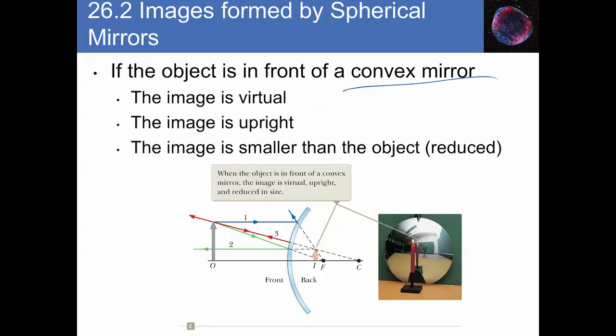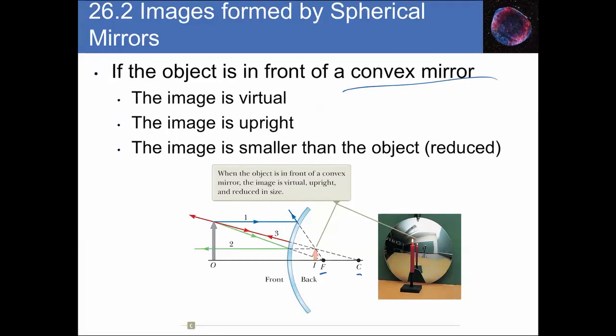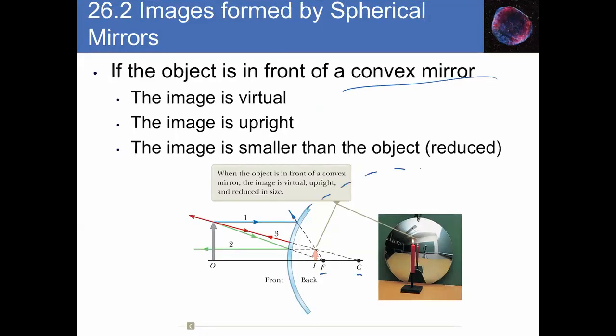With the convex mirror, I use those 3 rays. Remember, for a convex mirror, the shape is such that the focal length and the curvature, C, are in the back of the mirror. Because if I continue the shape of this sphere, the sphere kind of goes like this. That means F and R are in the back of the mirror.